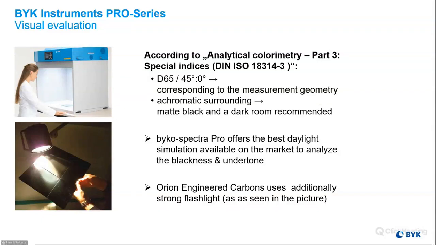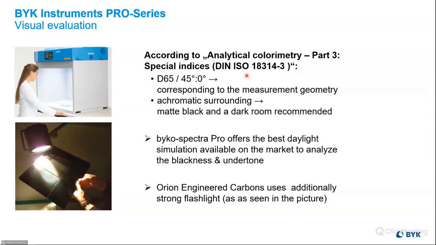Black is really a challenge. For example, any specular reflection, here a nice picture for specular reflection, can extremely influence our color impression. Due to that, defined conditions are required, and we have some recommendations.